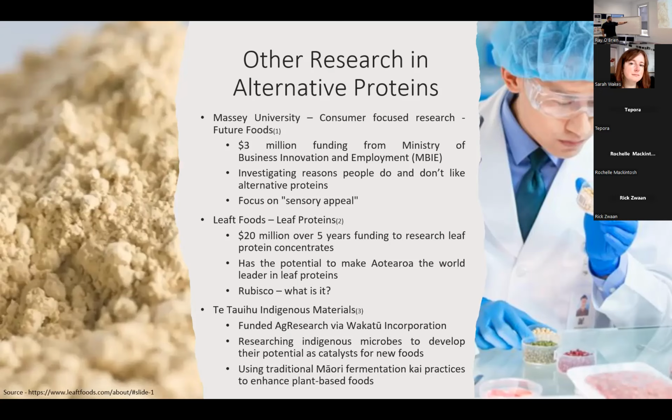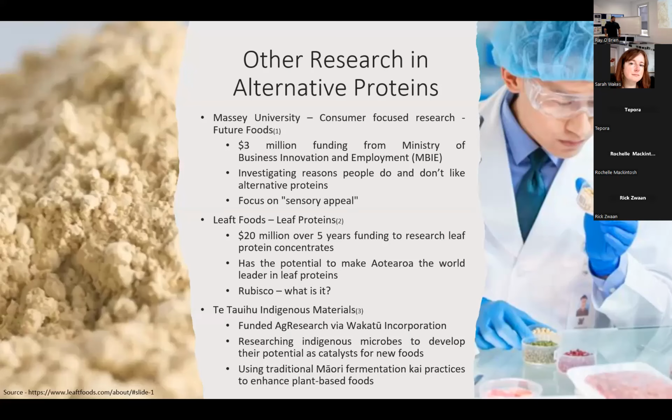Production of rubisco, which is this powder here on the left side. Not something unheard of. There's vegetable proteins and things like that, whey proteins that are vegetable based, but rubisco over here is what they're actually focused on. And the last one is the Tito Ihu Indigenous Materials, which is really interesting. It's being funded by AgResearch with the Wakatū Corporation, and basically they're looking into things that already exist but have long been forgotten.